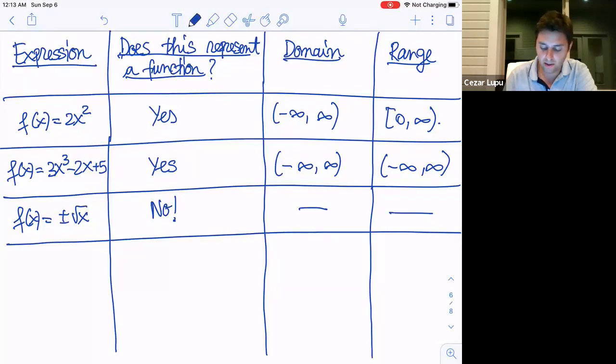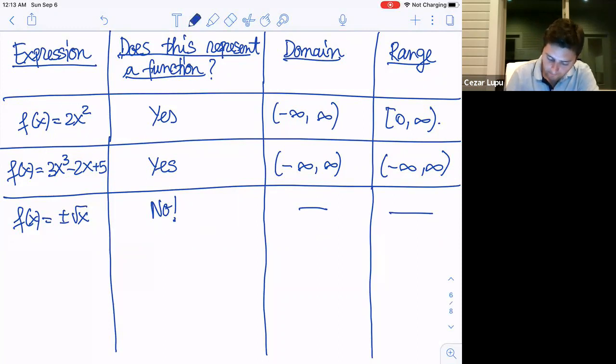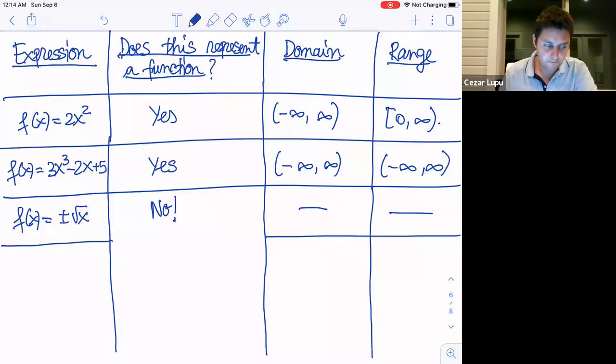For example, if you plug in x equals 4, you have f of 4, which is plus minus square root of 4, giving plus minus 2.